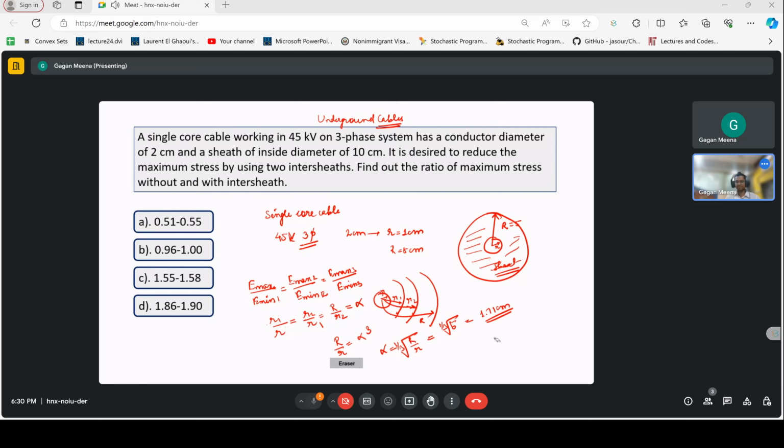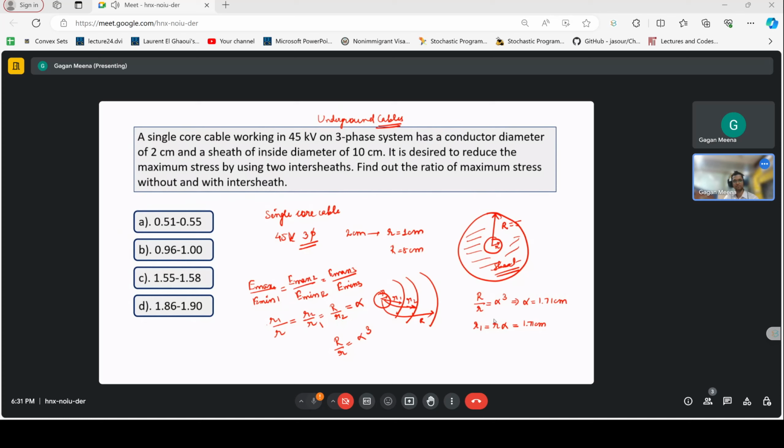R1 is equals to r into alpha, and r is 1, so R1 is 1.71, and R2 is R1 alpha, so 1.71 squared, 2.92. Capital R is 5 centimeter.